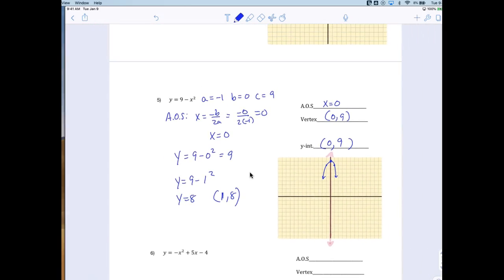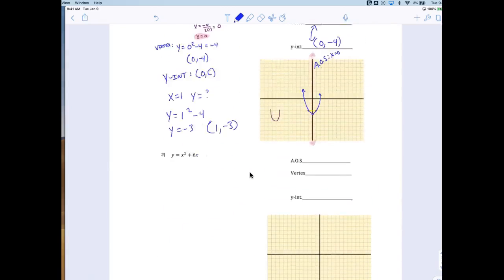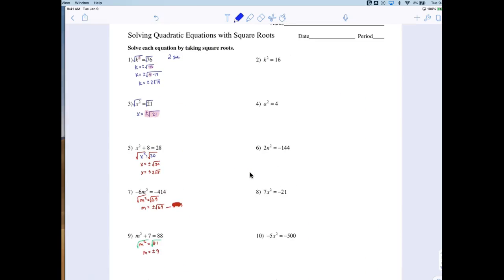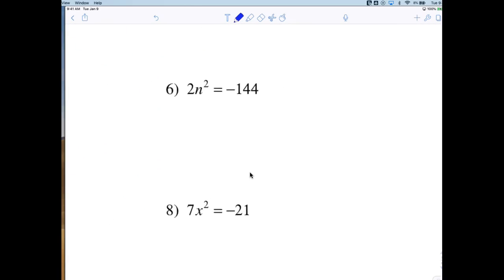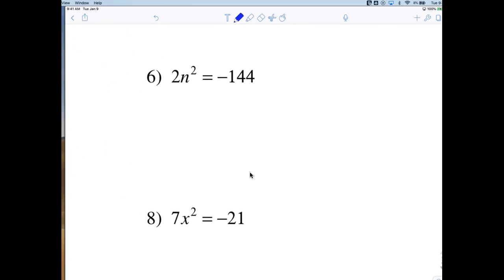I want to go over question number 6 real quick because I forgot to give you this answer. Everybody, take a look at number 6. What do I have to do first? So n squared is equal to negative 72. So now somebody tell me what the answer is right off the bat.